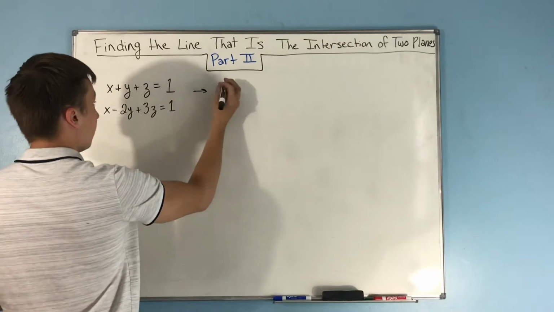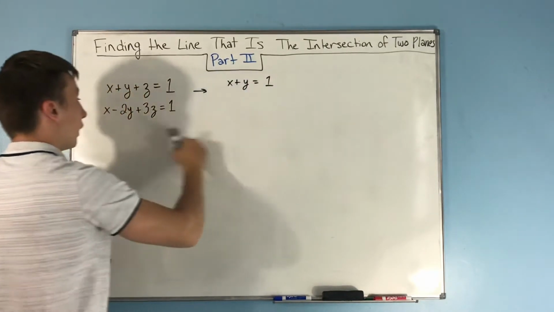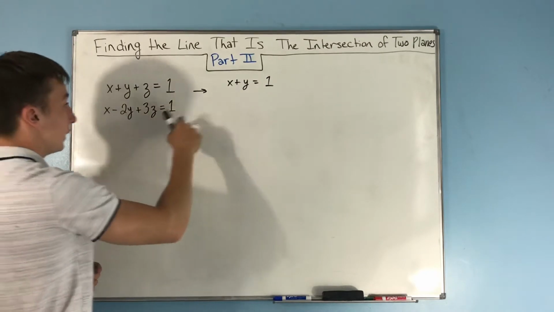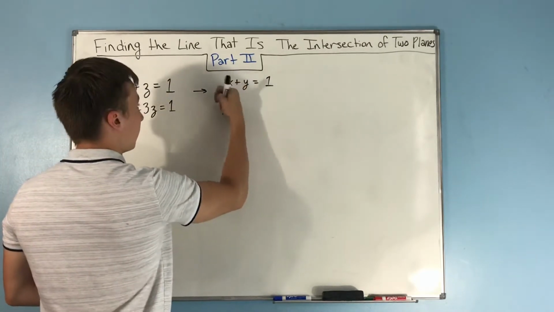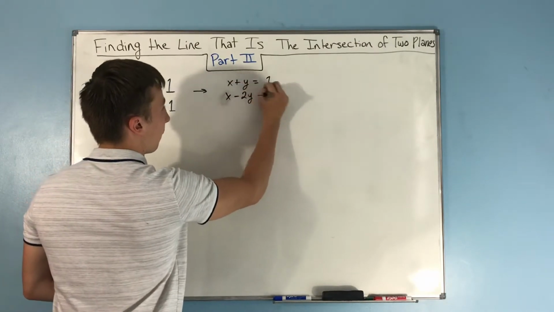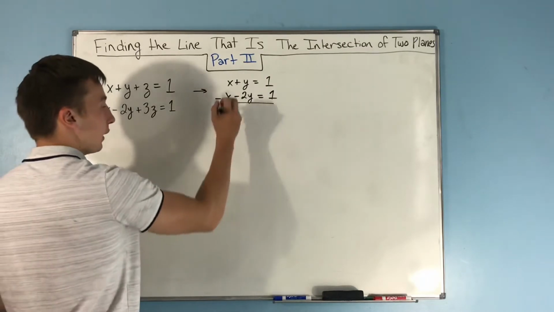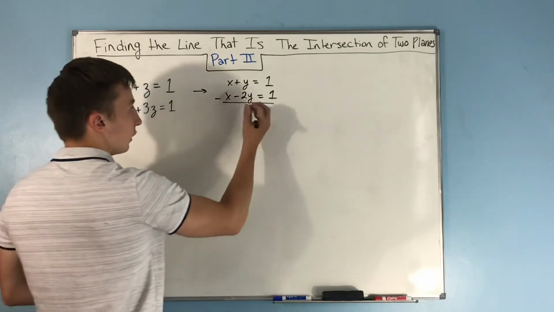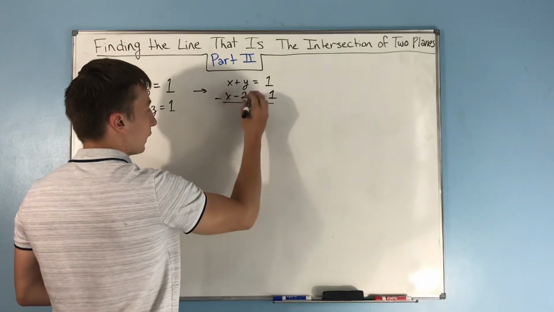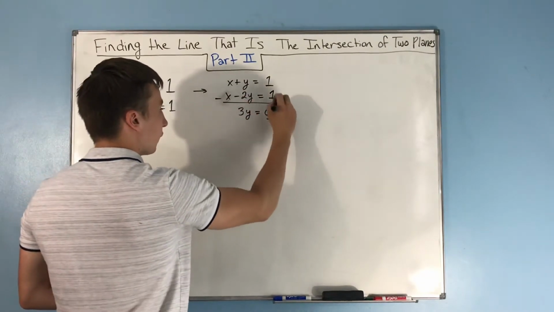If we set z equal to 0, we get x plus y equals 1, and we get that x minus 2y equals 1. So if we subtract here, we have y minus negative 2y. That's going to be 3y equals 0.